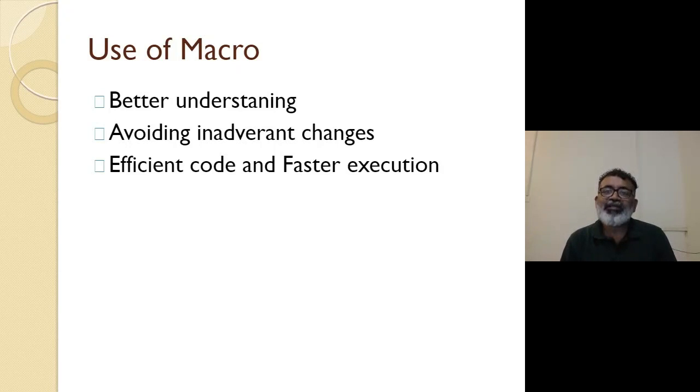Avoiding inadvertent changes is very important. If you declare a variable like int max at the global level, you can change the value of max from 3 to 5, 5 to 10. There is no problem, but since max is a variable, its value may be changed in the program.